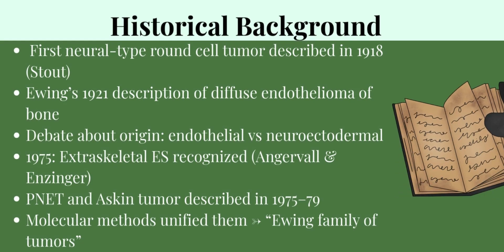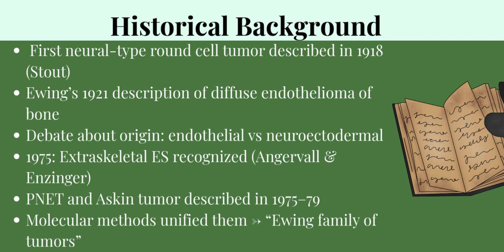The history of Ewing sarcoma is marked by evolving concepts about its origin. In 1918, Stout reported a peripheral nerve round cell tumor with rosettes. Ewing, in 1921, described a round cell neoplasm of bone and suggested an endothelial origin.